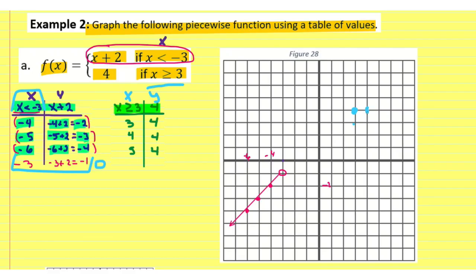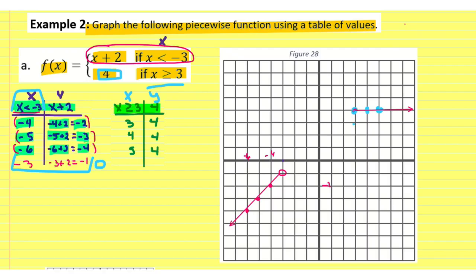Yes, it's on the same row because this is going to be a constant function right here. It's just the number 4. And then 5, 4 is going to put me right there. So then the same thing, I can add a line right there starting with 3, and it'll just continue in this direction.